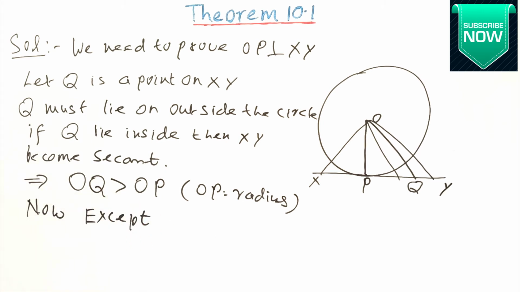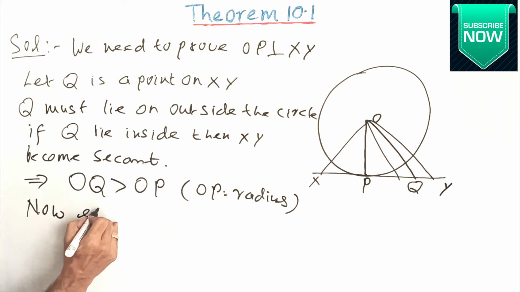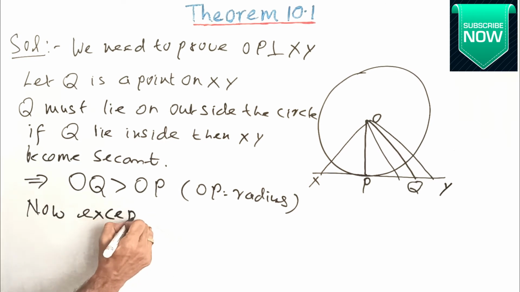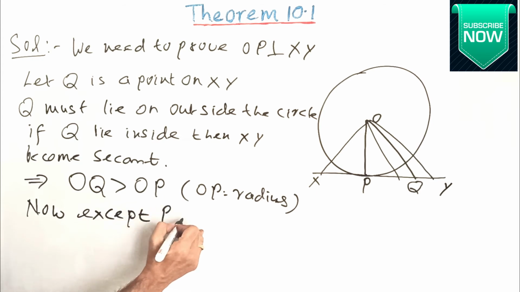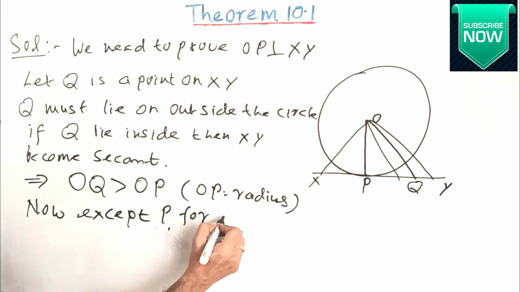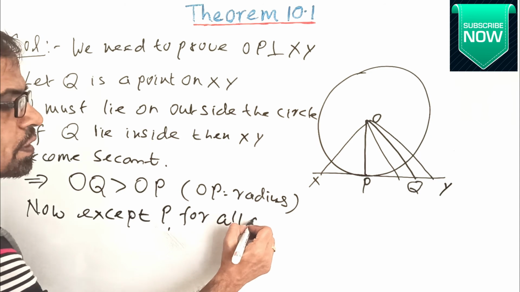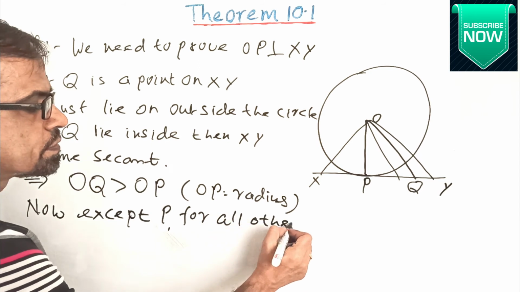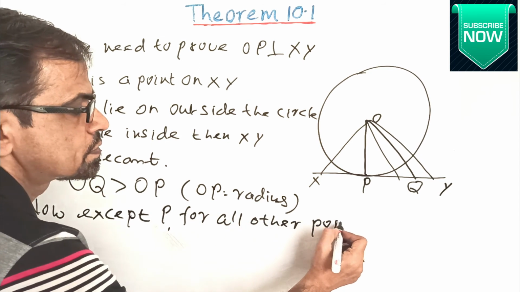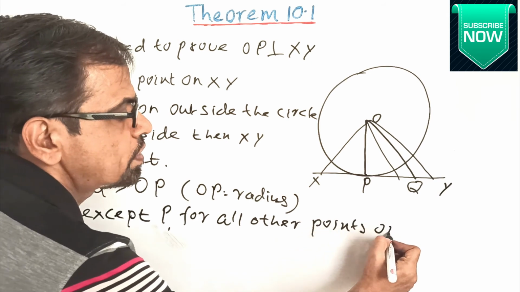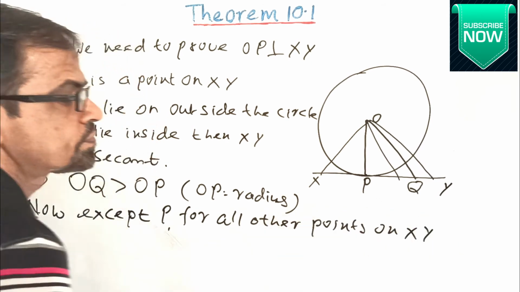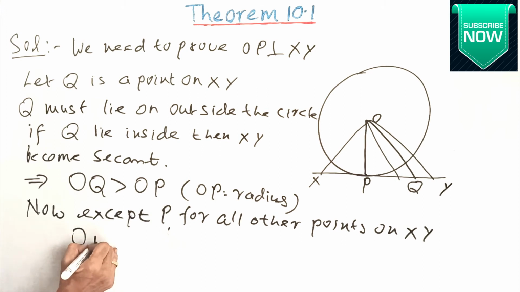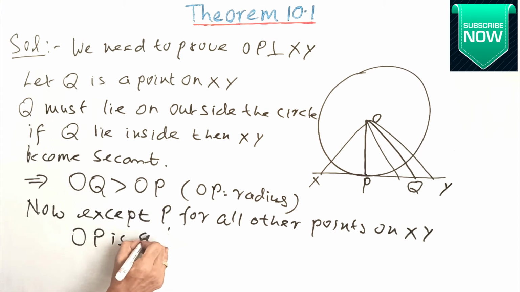So we will write now except P. Except P means we have to continue this sentence. So we will write here, except P, for all other points on XY, OP is shortest.